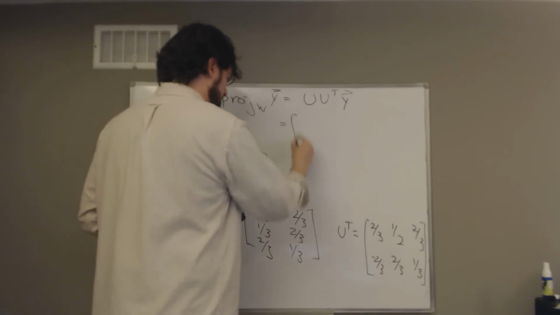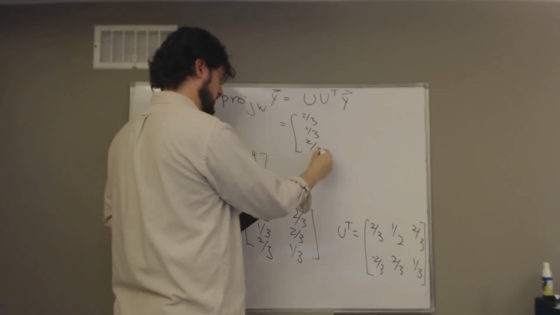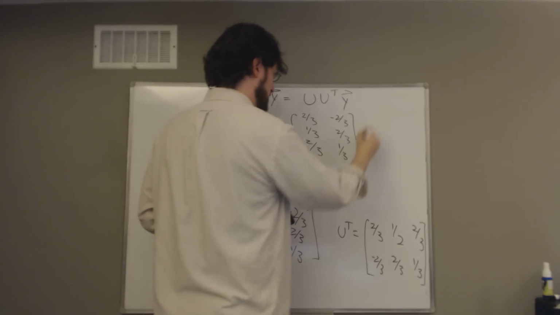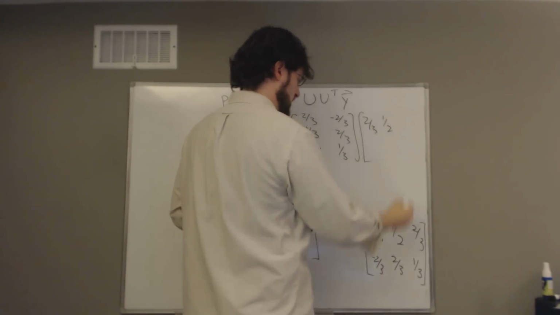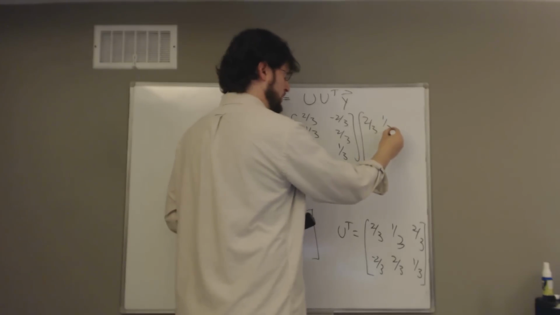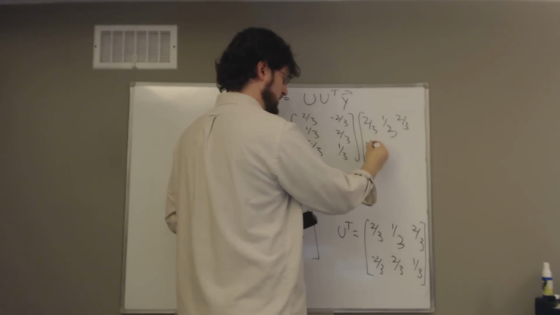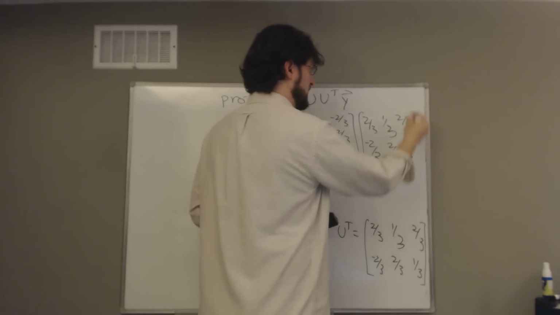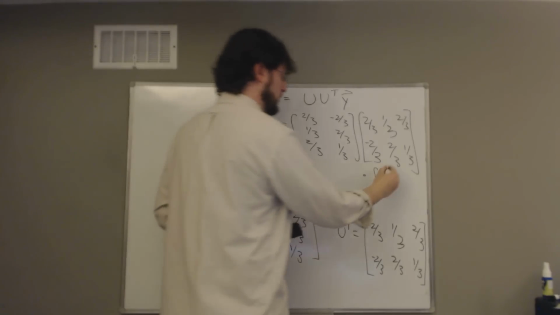So what we're going to get is U, 2/3, 1/3, 2/3, minus 2/3, 2/3, 1/3, multiplied by U transpose, 2/3, 1/3, 2/3, and negative 2/3, 2/3, 1/3, and then all multiplied by the vector y, which is 4, 8, 1.